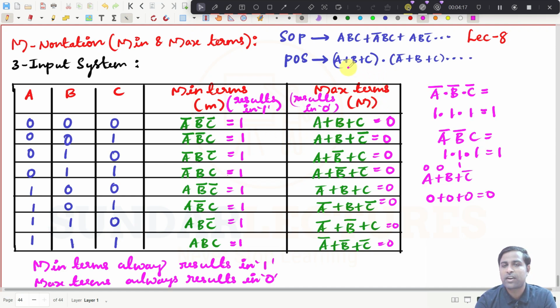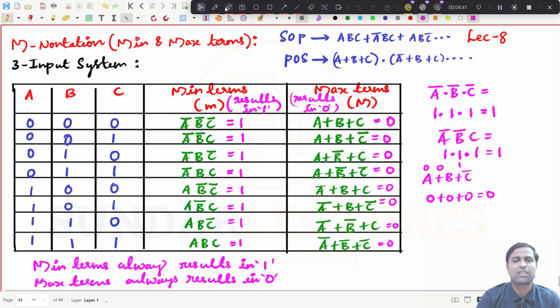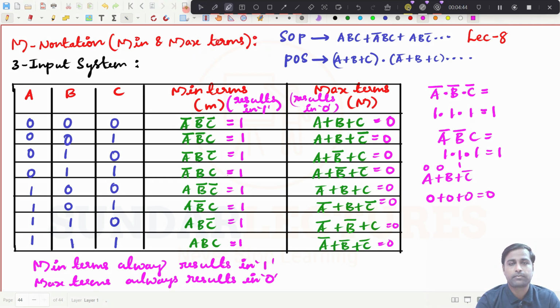And if you are going for POS functions like these functions, added functions, max term functions, then always we will use zeros in the K-map. That is why the basics of that come from here. So this is the M notation, that is min terms and max terms, right? So how it is related to Boolean algebra, and how we are going to represent this in the Karnaugh map, that is what we are going to see now.